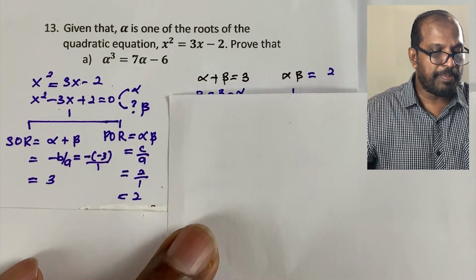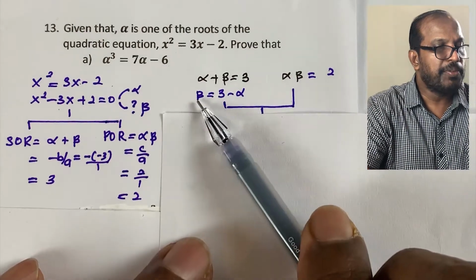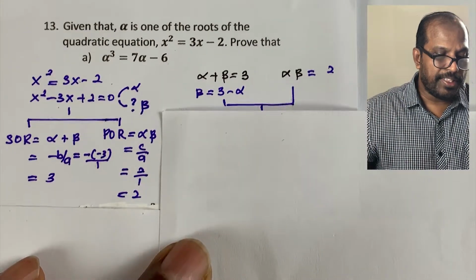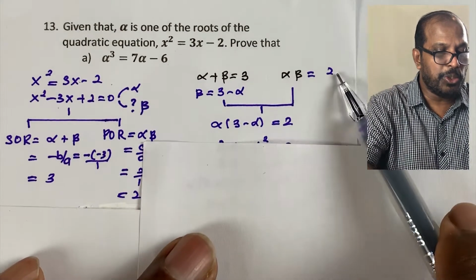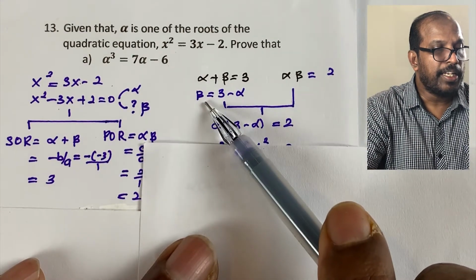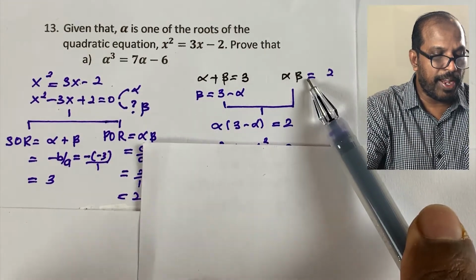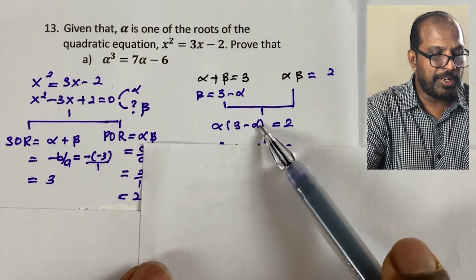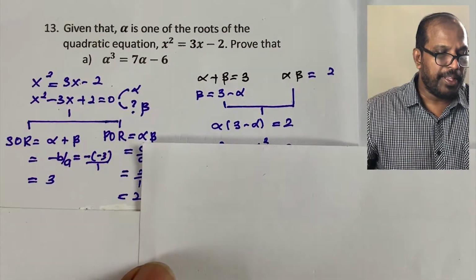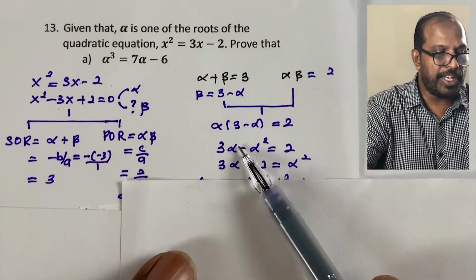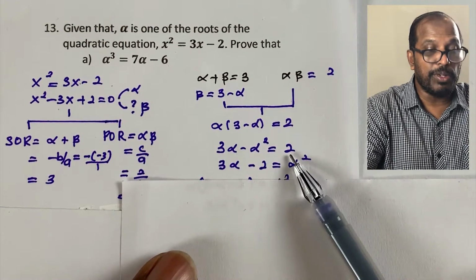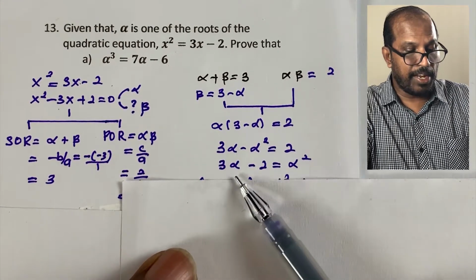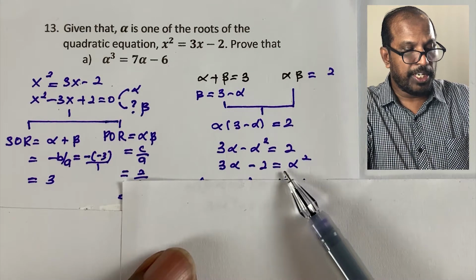Now I make beta the subject, which equals 3 minus alpha. Then we substitute beta into alpha beta equals 2, open up and expand, and we get 3 alpha minus alpha squared equals 2. Then we get 3 alpha minus 2 equals alpha squared.